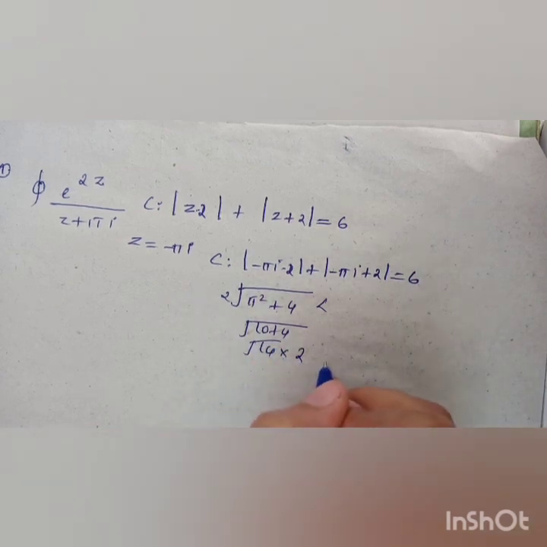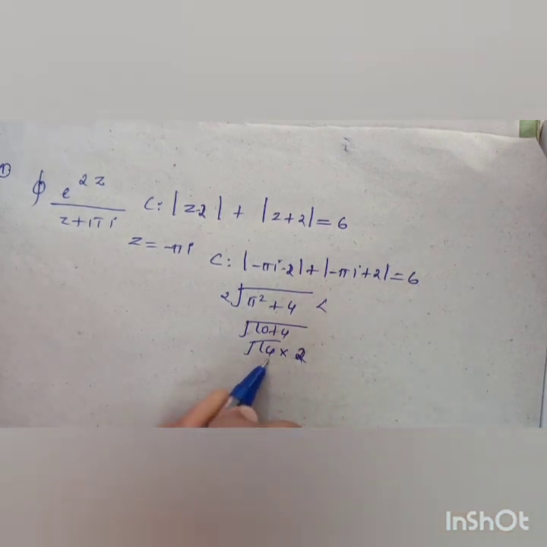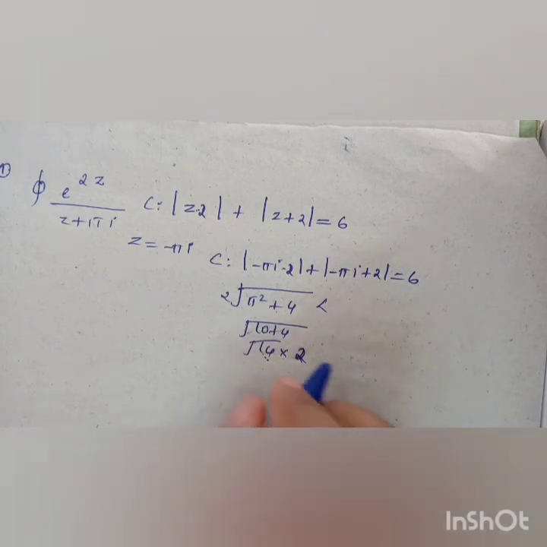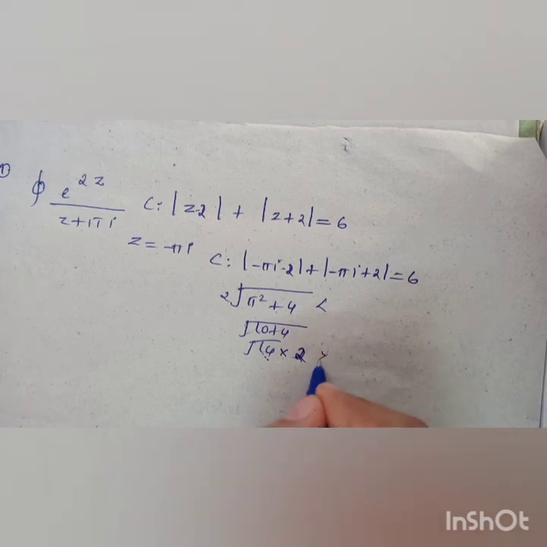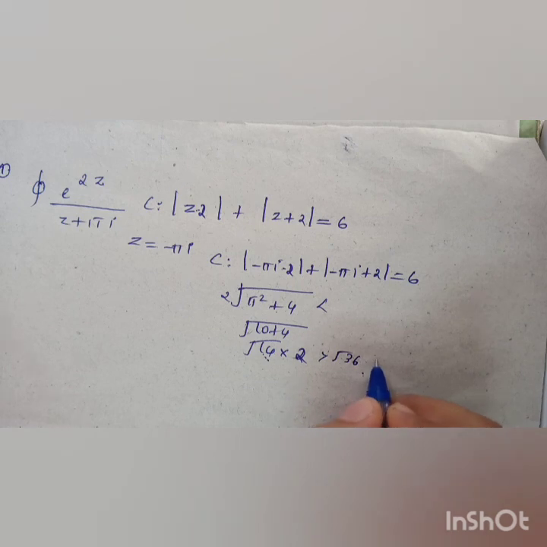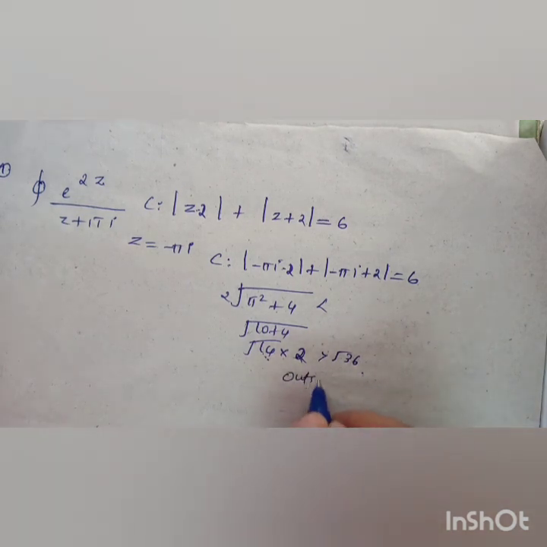If you take the 2 inside the root, it is greater than 36. Okay, so that means it is greater than root 36 now, which is outside the contour.